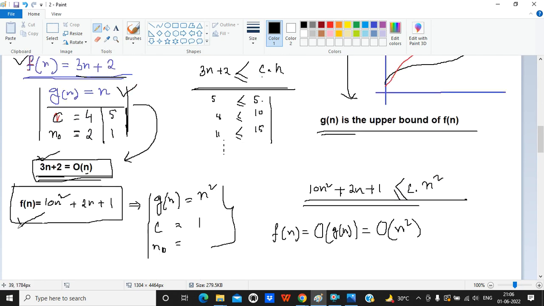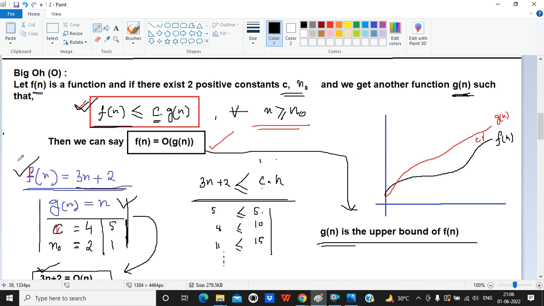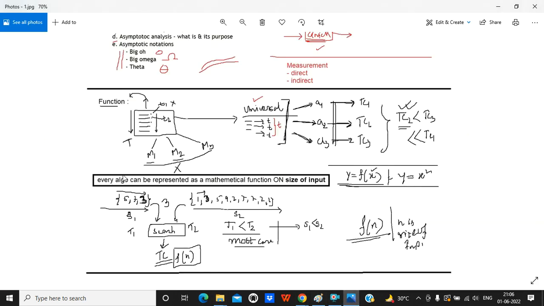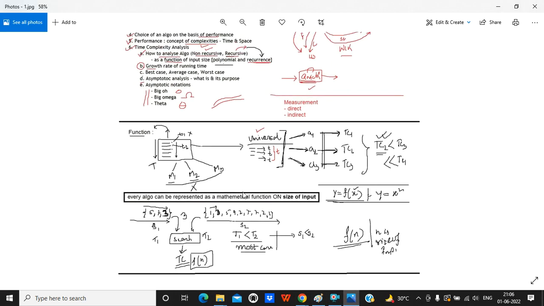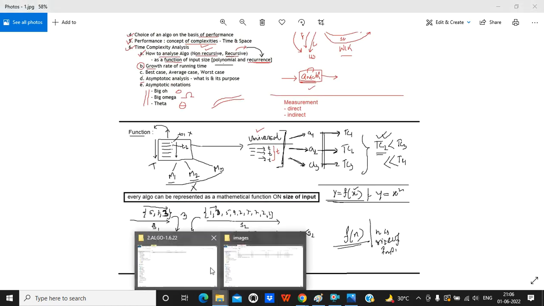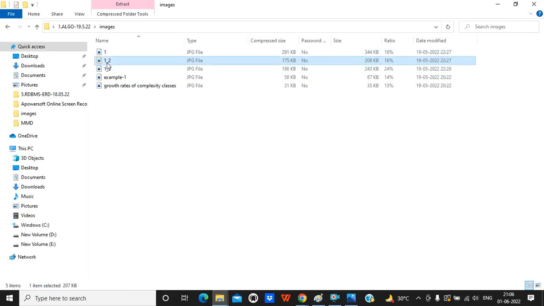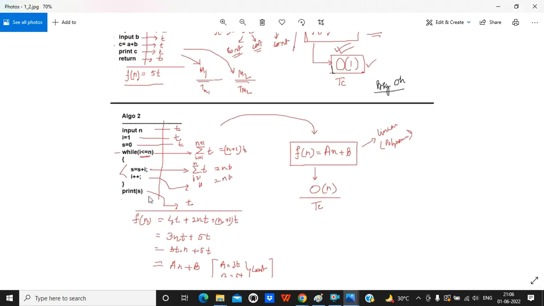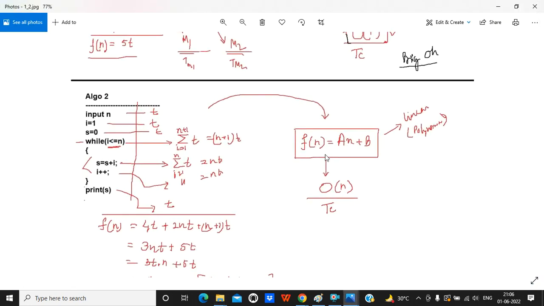So what type of function is this? This f(n) is equal to 3n plus 2. If you remember, f(n) is equal to an plus b, a linear function.